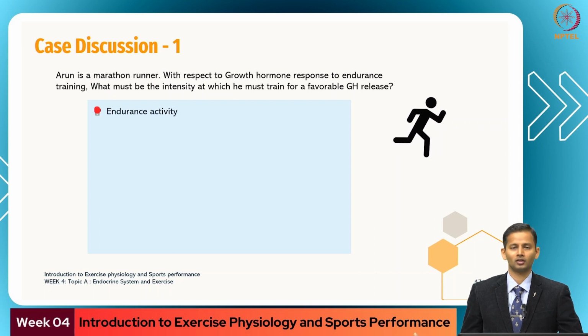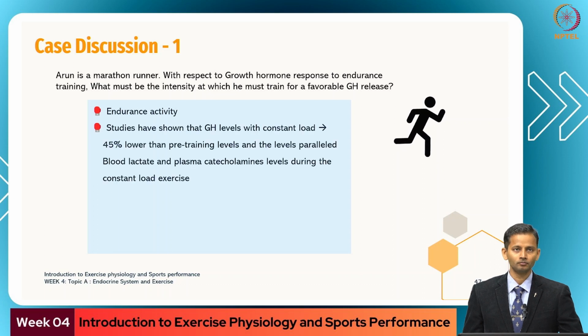So, from the scenario, we know that it is an endurance activity. So, various studies have shown that specifically in endurance activity with constant load, the growth hormone levels tend not to increase, and it almost stays parallel to the levels of blood lactate and catecholamines.